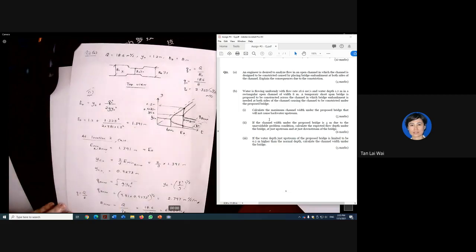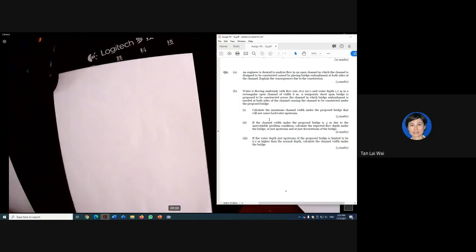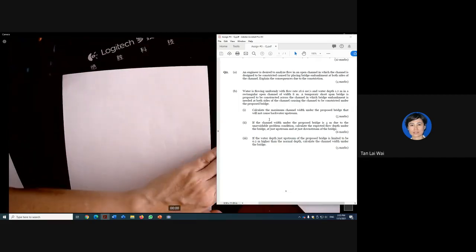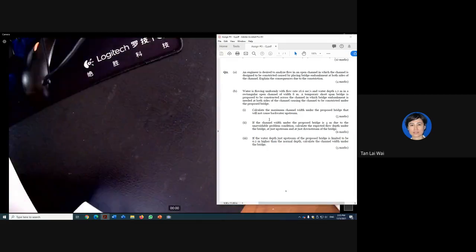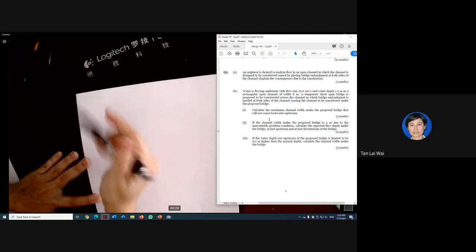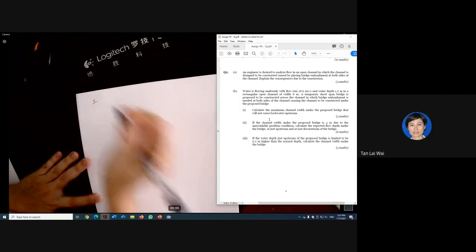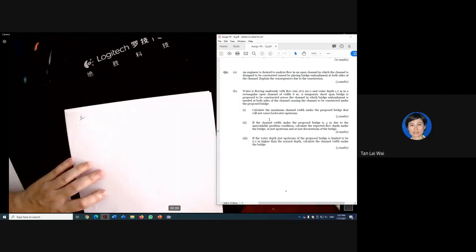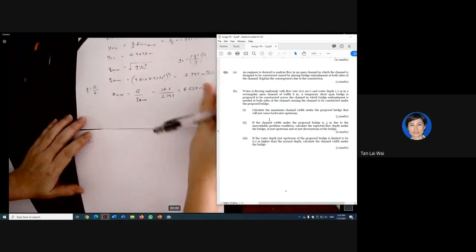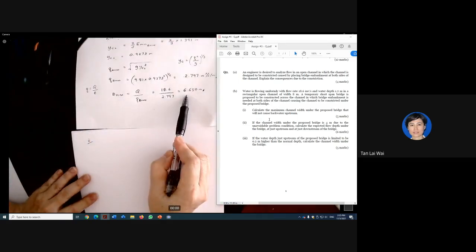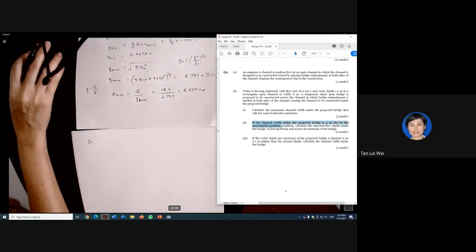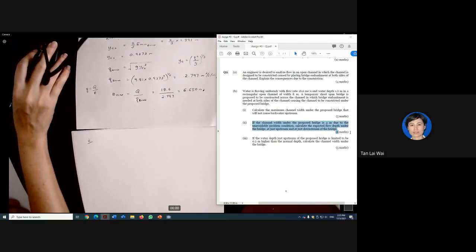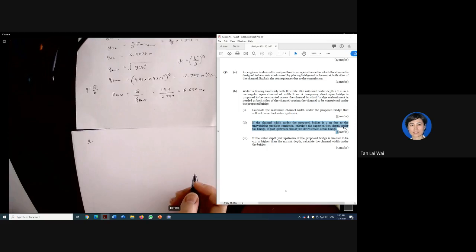So this is the first part. Let's look at the second part. For the second part, now you know that your B max is 6.65. Now if you look at the second question, it says, what if the width is 4 meter?